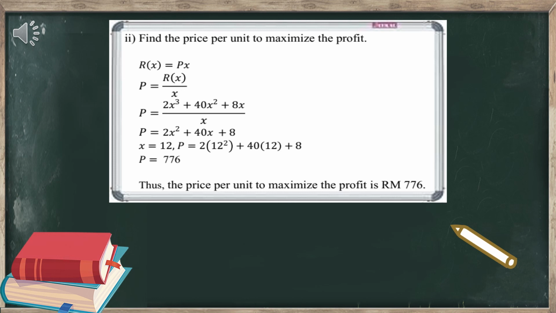Because the quantity that maximizes the profit is 12, we can place 12 into x, and then we get 2 times 12 squared plus 40 times 12 plus 8, and then we get the answer 776. So the price per unit to maximize the profit is RM776.